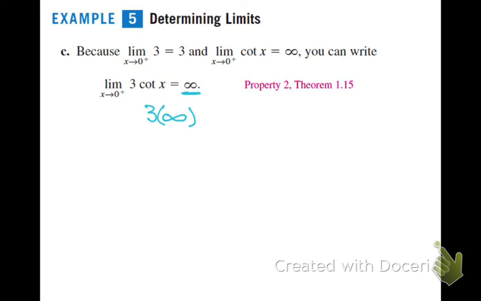But again, is infinity an answer for a limit? No. It's a means to say it doesn't make sense. We good? Yeah. That's it.